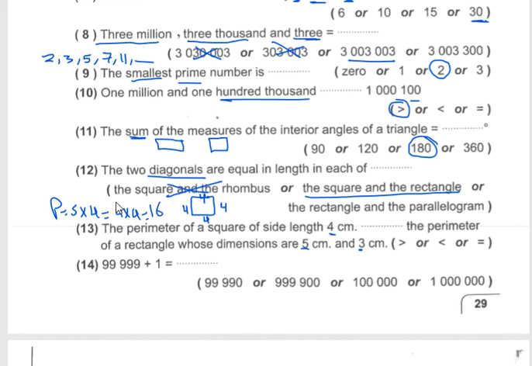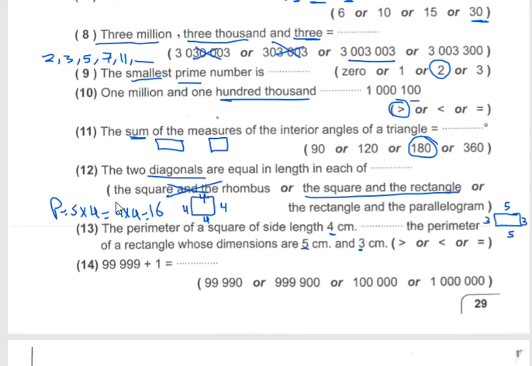And the perimeter of the rectangle, he talks about a rectangle. He said its dimensions are 5 and 3. Here we have 5, 3, 3.